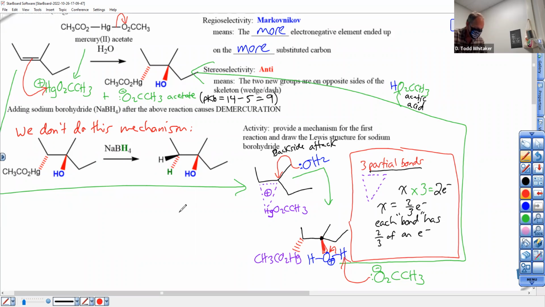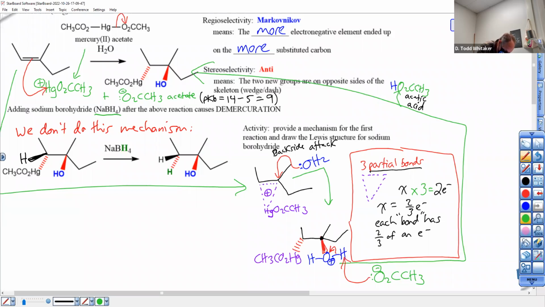If you're looking at the black H, I'm going to remind you that black H was there already. I'm just trying to show you there is a new H and it's green, right? So mercury got replaced by H. Using what chemical?